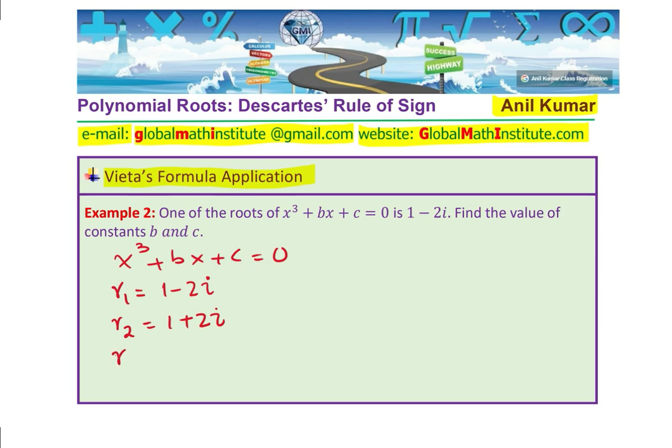So first, let us find the third root, R3. How can we find the third root? The sum of roots will be the coefficient of x squared, in this case with a negative sign. Now, since the coefficient of x squared is 0, you can see this equation is x cubed plus 0x squared plus bx plus c. So the sum of roots is also 0.